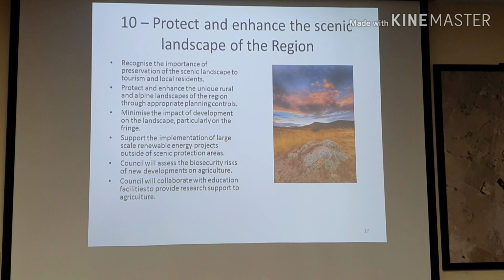So planning priority 10 is protect and enhance the scenic landscape of the region. This was again something we heard very strongly in the community consultation, that people wanted that scenic landscape to be protected into the future.